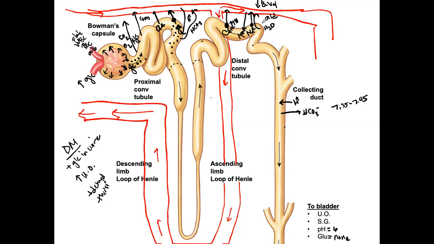So when do you release aldosterone? You release aldosterone when blood volume is low, which causes a drop in blood pressure, right? Or MAP. Or when you have low sodium in the bloodstream, right, sensed by the macula densa cells, or high potassium.